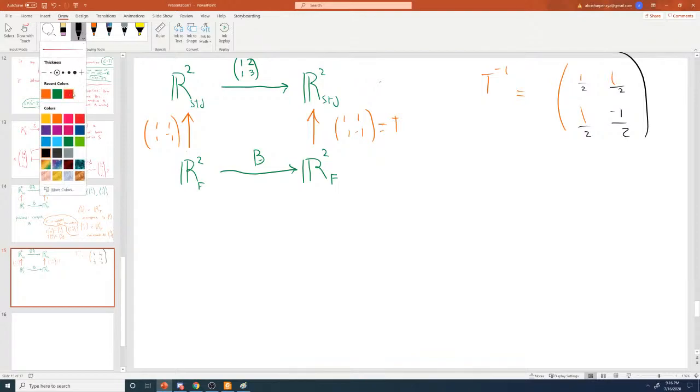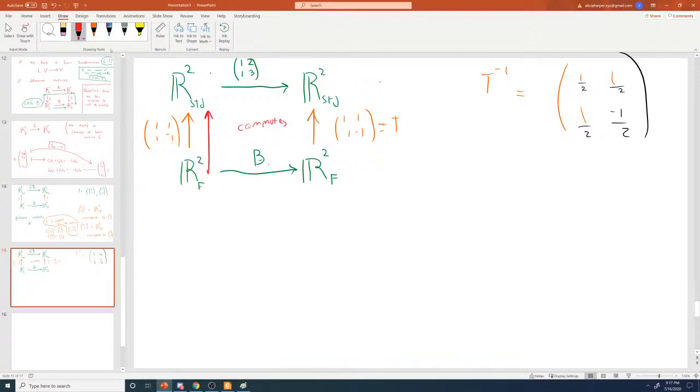So now I can go about computing B. Let's think about how B is related to this original matrix. This square here commutes, which means I can compute B by going up along this matrix, then going over by this matrix, and then going down, which means going in the opposite direction of this. This corresponds to T inverse.